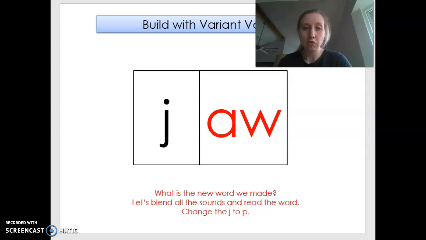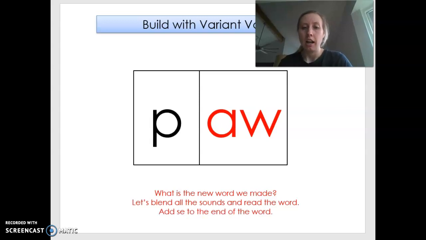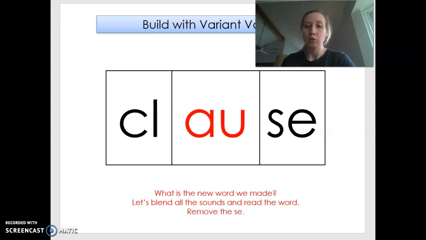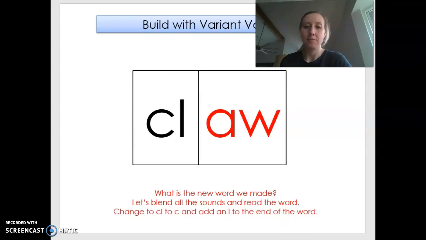Change the j to p, paw. Add s to the end of the word. Paws, like you pause the TV. Change the p to k, cause. Change the k to cl, claws. Remove the s, claw.